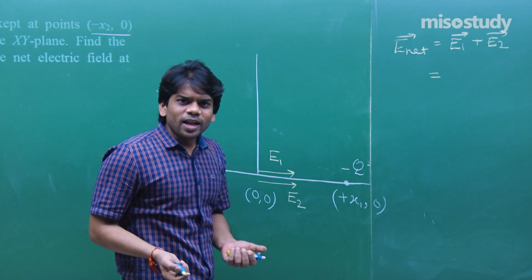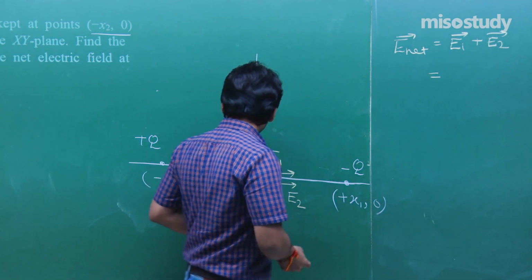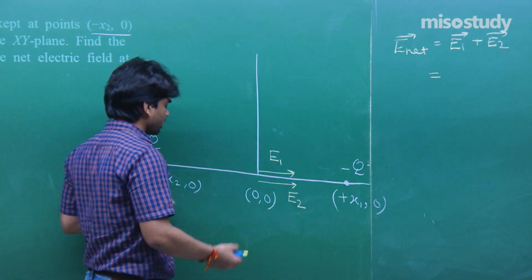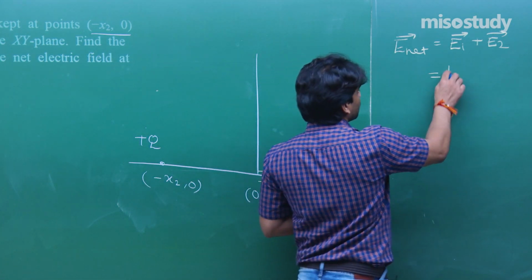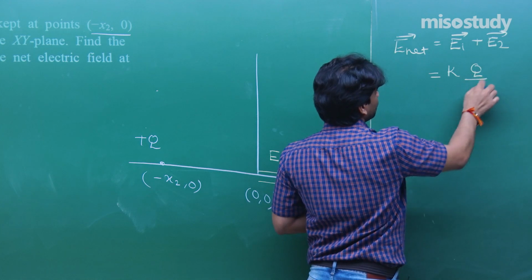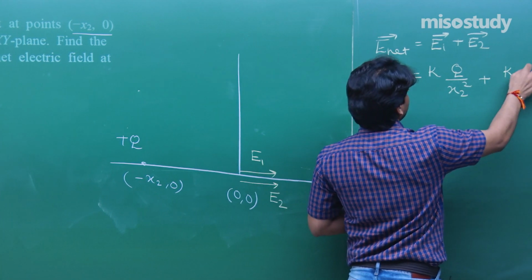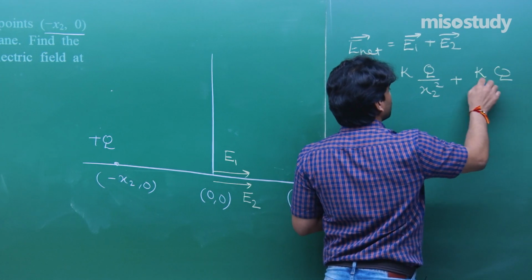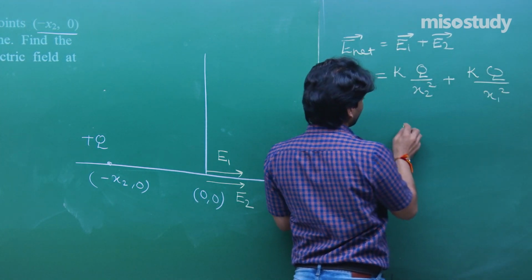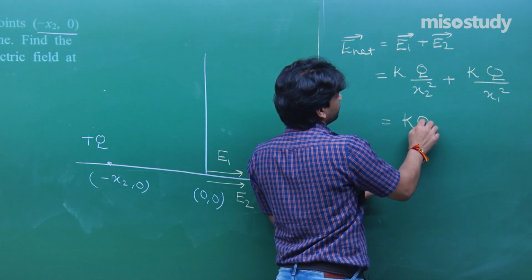E1, E2 can easily be evaluated, not too tough. E1 will be k plus Q upon x2 whole square, and plus k, it's minus Q, so minus Q upon x1 whole square. We are done, not too tough.